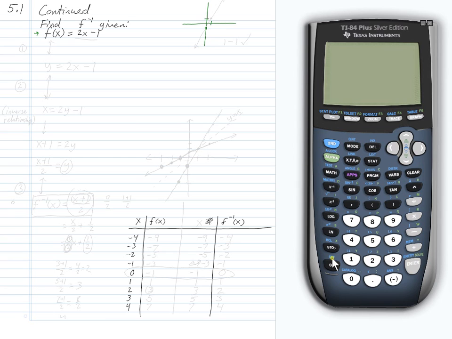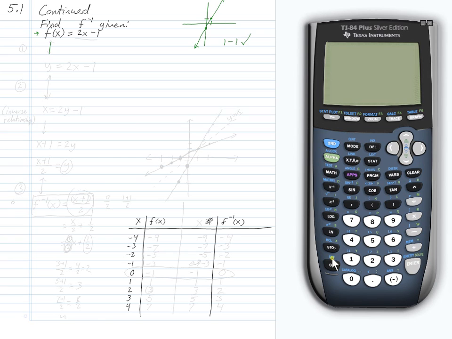So we can rise 2 and run 1. And we see that this function never doubles back on itself, and any horizontal line that we might be interested in is going to intersect our graph at only one point. So this is 1-to-1, which means we should proceed.